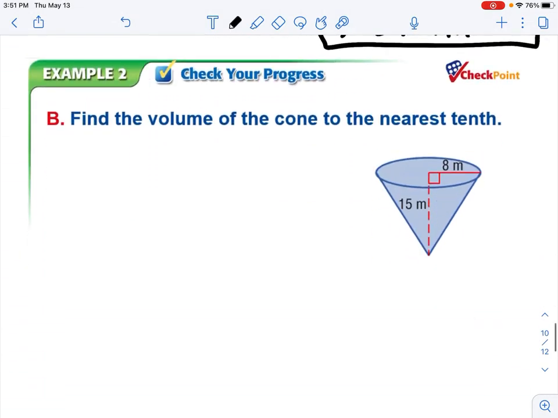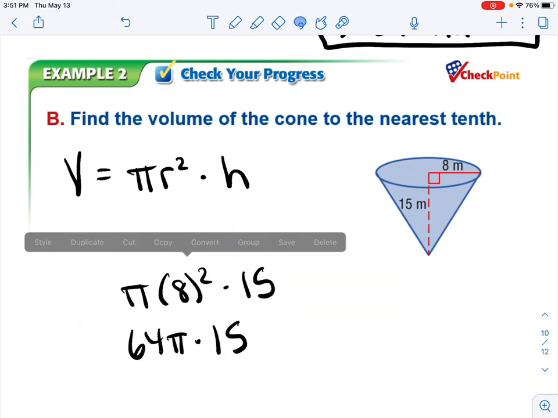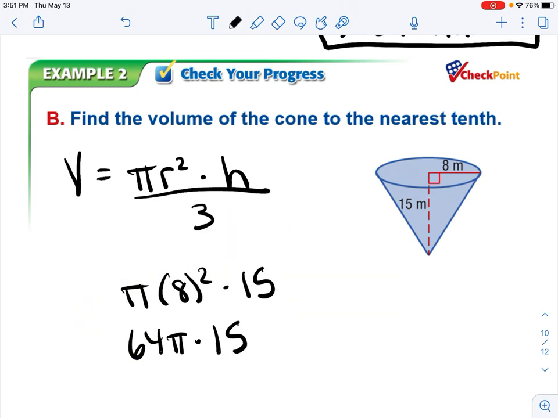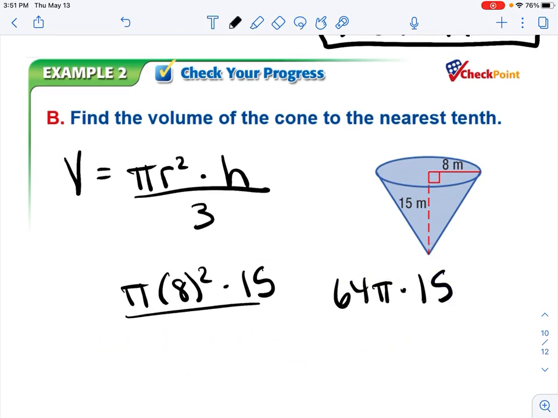And lastly, we are going to find the volume of the cone to the nearest tenth. Same equation once again. These are all super simple. Oh, I forgot something. Call it super simple and then not even do it correctly. Gotta divide by 3, because it's not a cylinder, it is a cone.